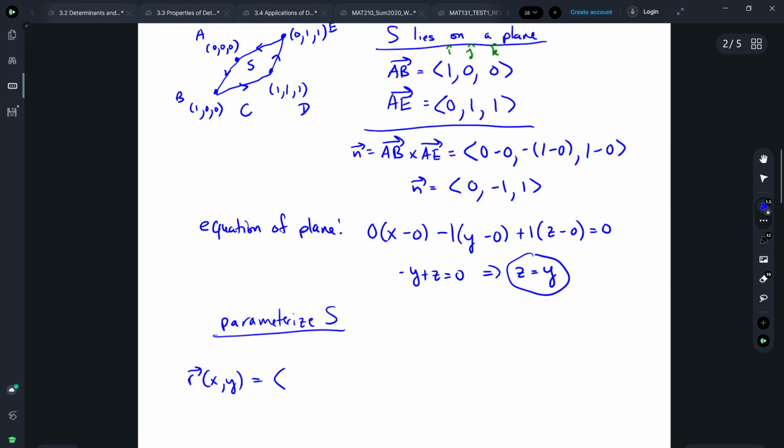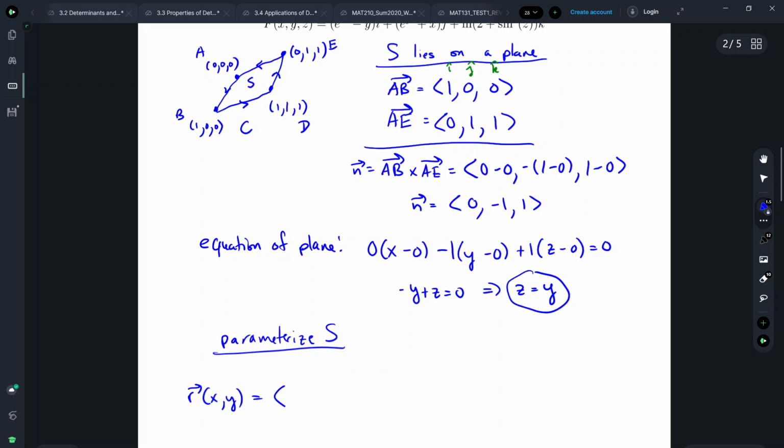Right, so in this instance x will be just x, y will be y, and then the z coordinate should be given by the function for the plane, which is z equals y.